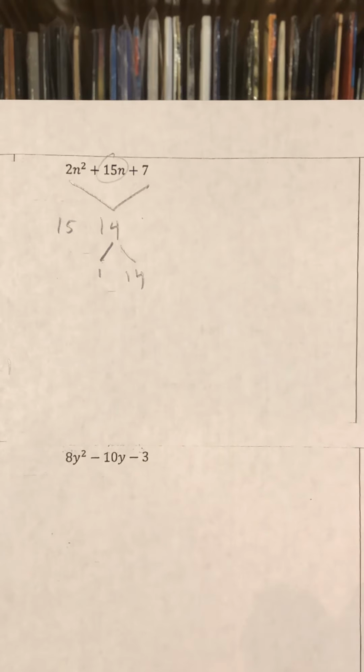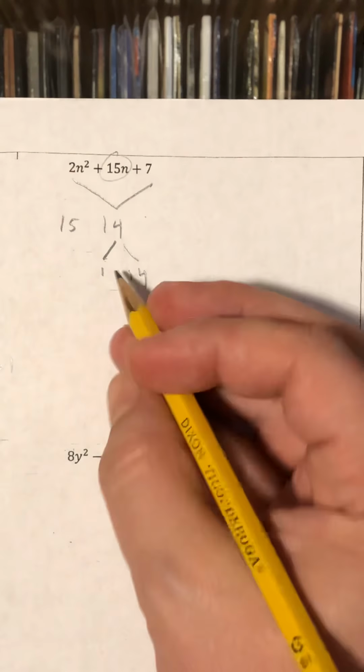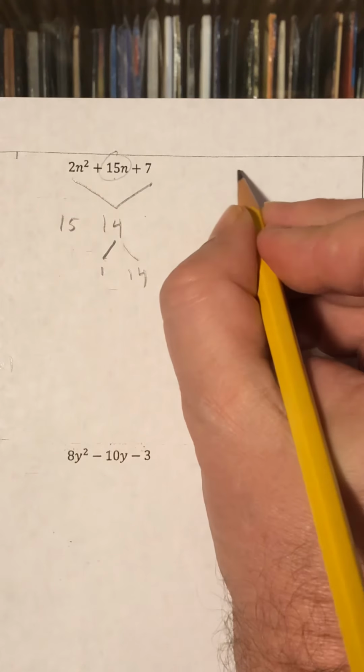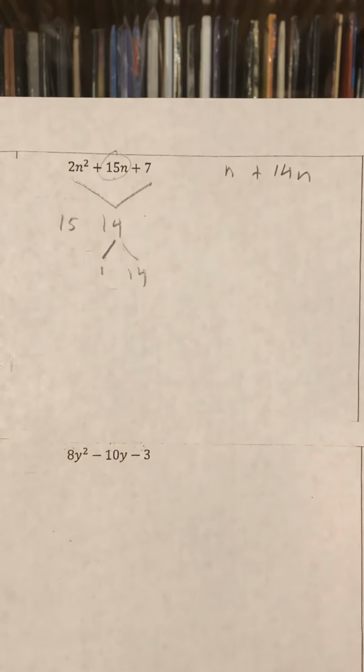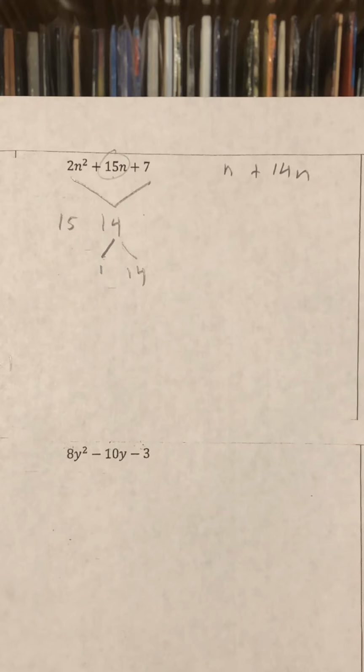So I'm going to rewrite the B term, split up the B term using that. Instead of it being 15n, I'm going to write it as 1n plus 14n. Okay, next thing I'm going to do is group the split up parts of the B term with A or C depending on where the common factors may be.